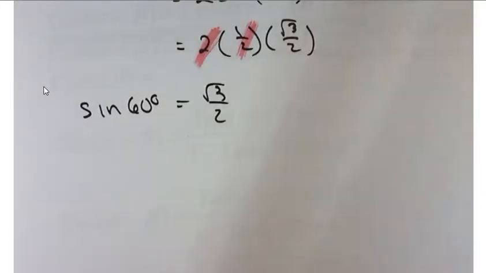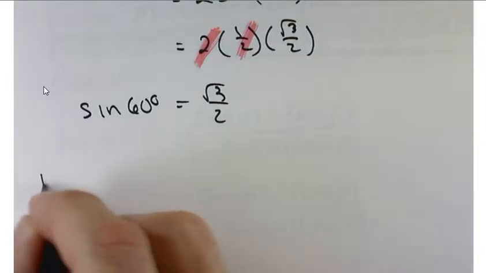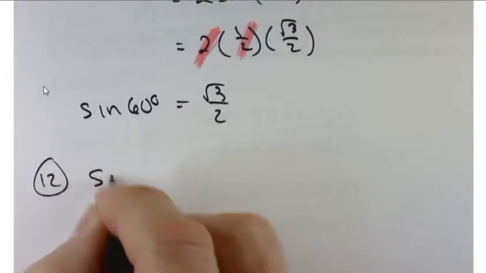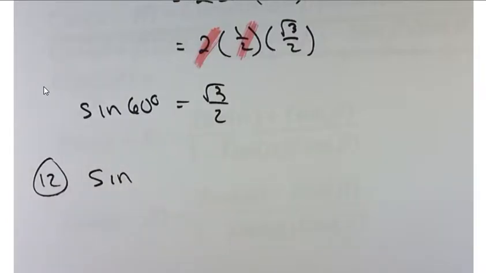So let's do one that actually requires this formula. It's going to start with problem number 12, asking us for the sine of 2 theta, and then we'll do the cosine of 2 theta.